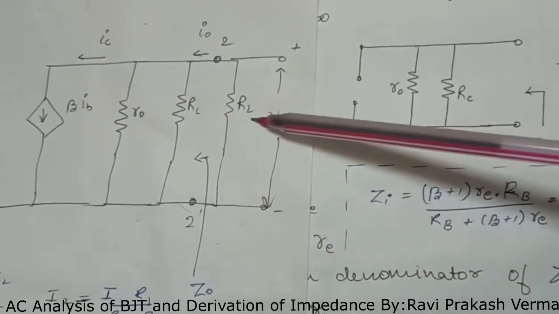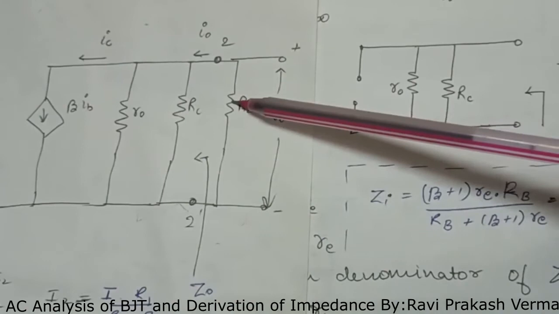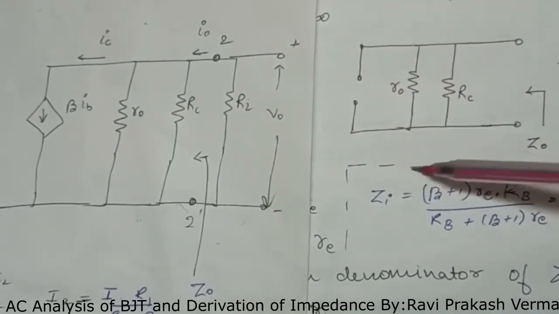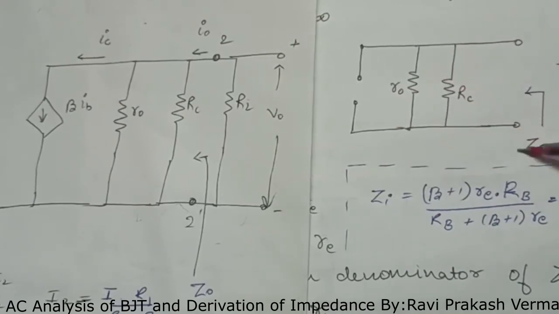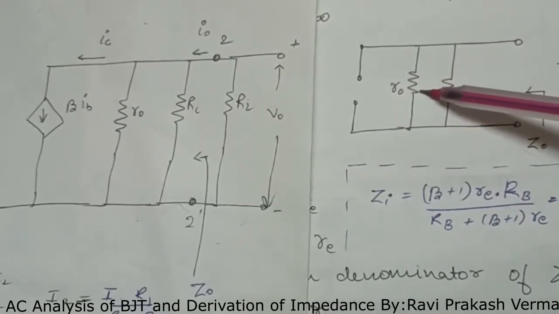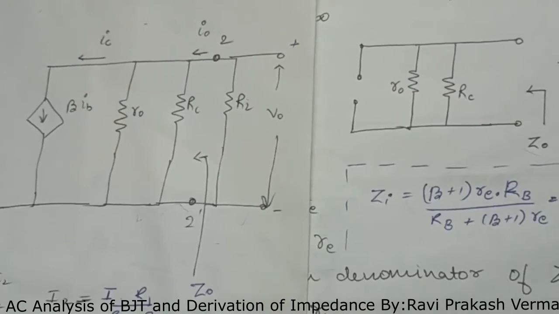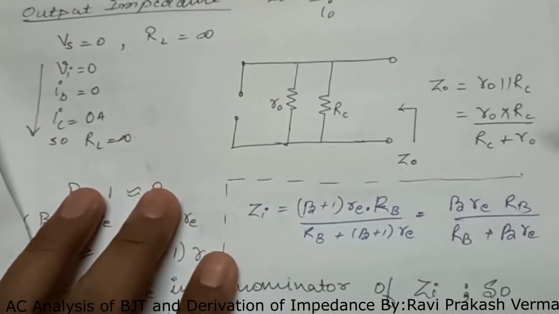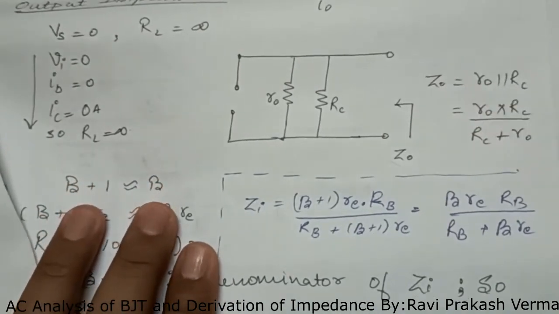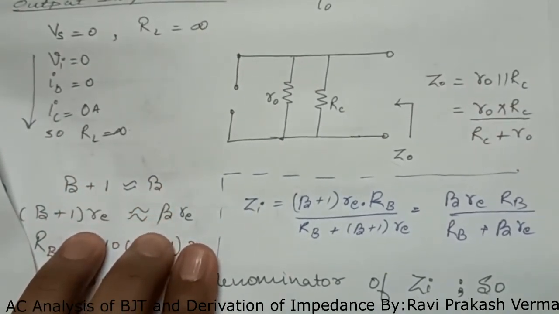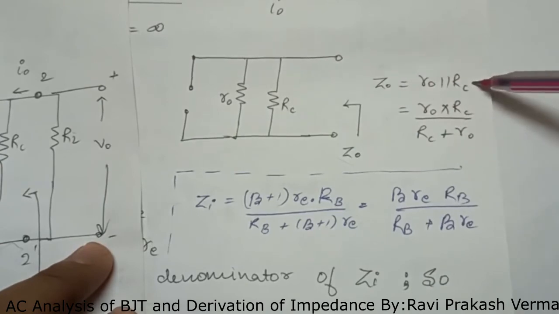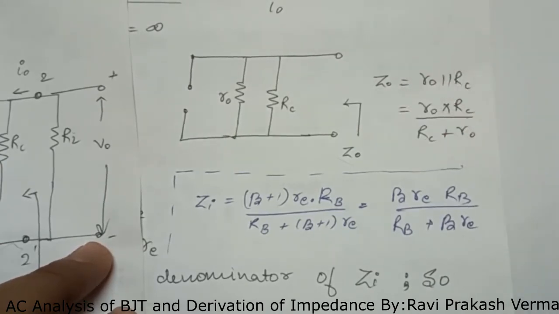So we have open circuited this RL and get this output section, and from that we can easily say that the output impedance Z0 will be the parallel of R0 and RC. Z naught is equal to R naught parallel RC. This is the parallel relation.